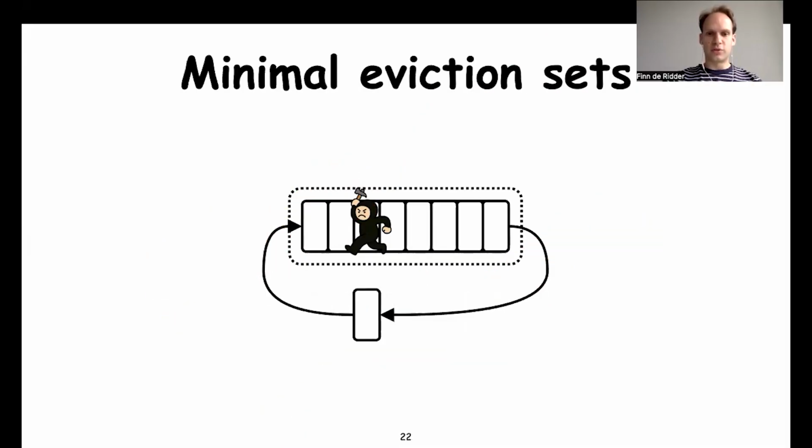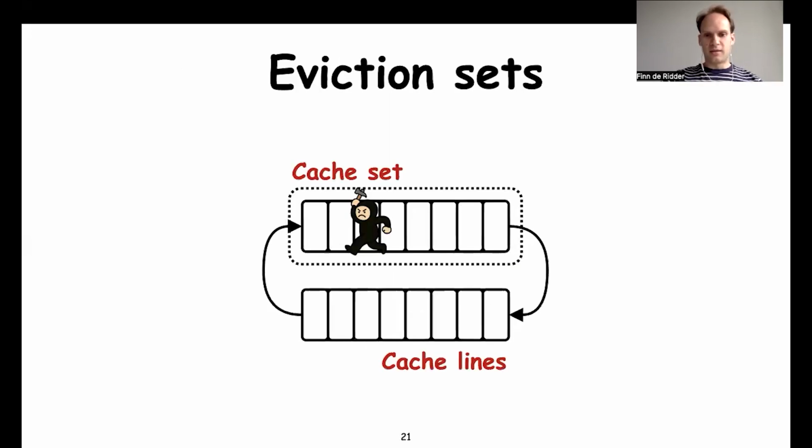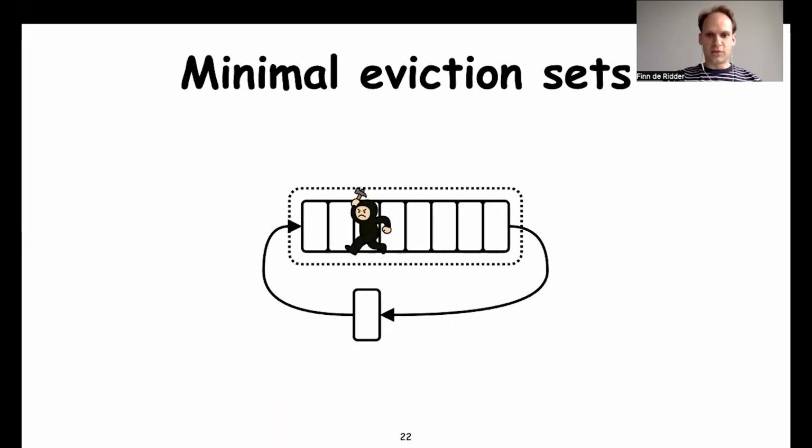Now, to improve the situation, what you could do is use minimal eviction sets. So when I use a minimal eviction set, I'm not using these two sets of addresses, but instead just one, and then I make the observation that actually I just need one more address so that the addresses together do not fit into this set to create eviction.